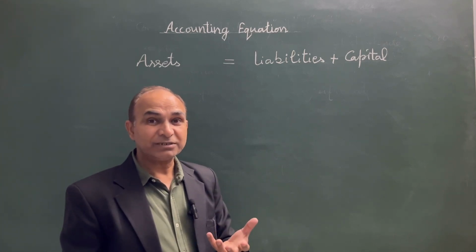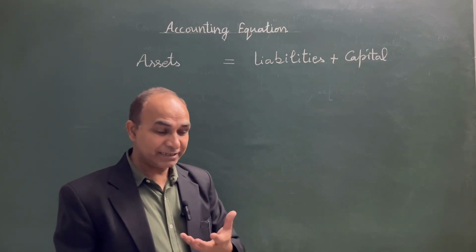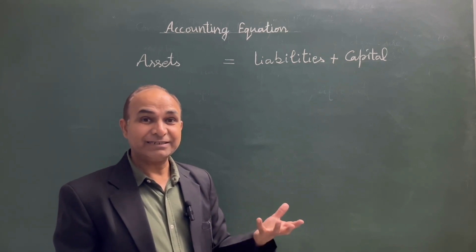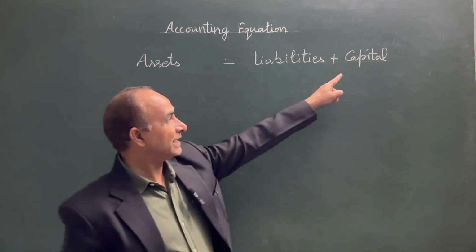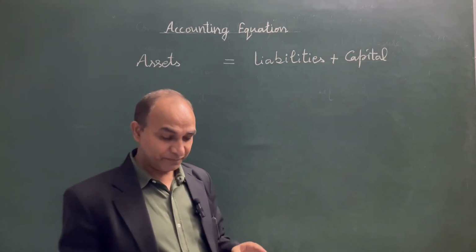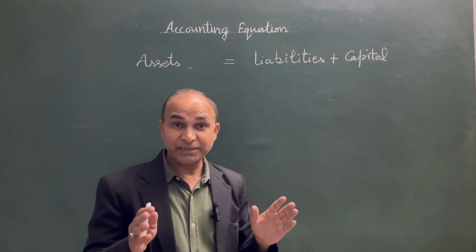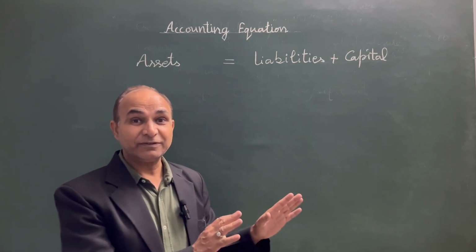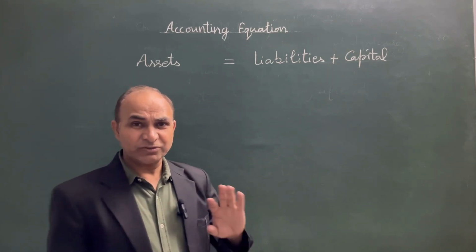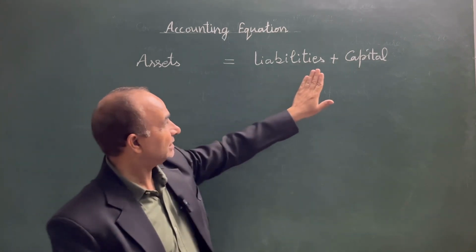So that is your liability. You purchased goods on credit that give rise to creditors. That is also part of liabilities, the outstanding expenses as well. The capital. Capital means what? The funds, the amount invested by the proprietors into the business for the purpose of establishment and for running that business. So this is the very simple concept of assets, liabilities, and capital.